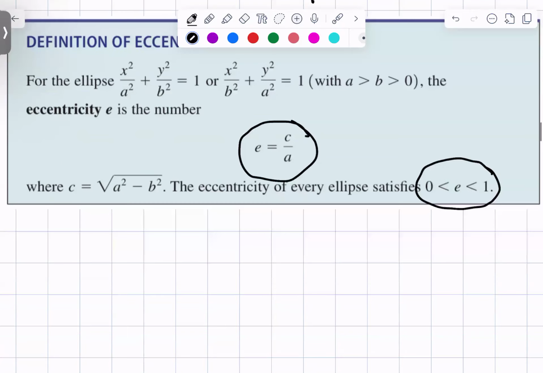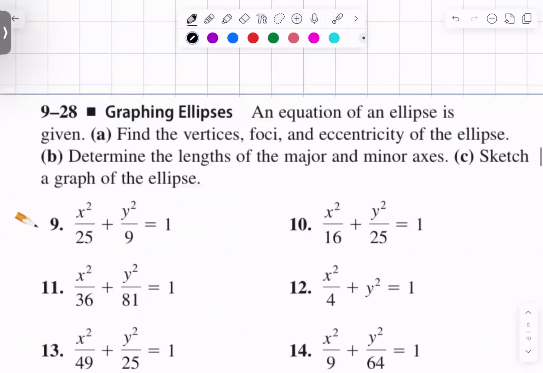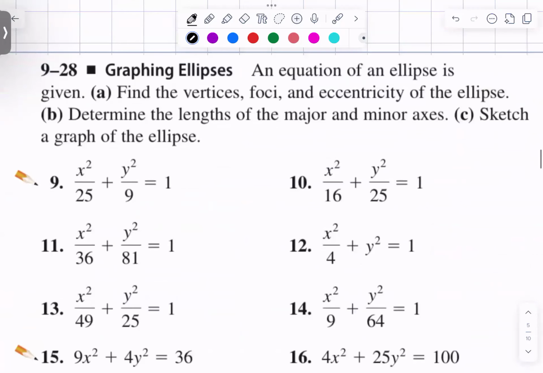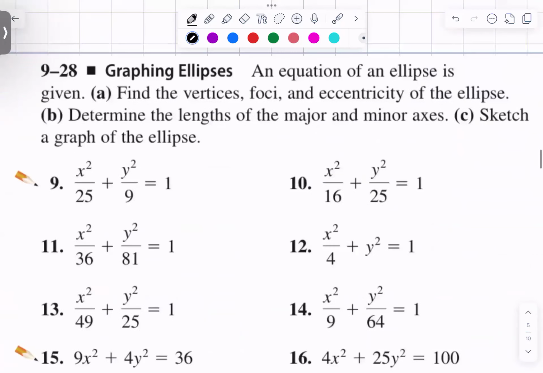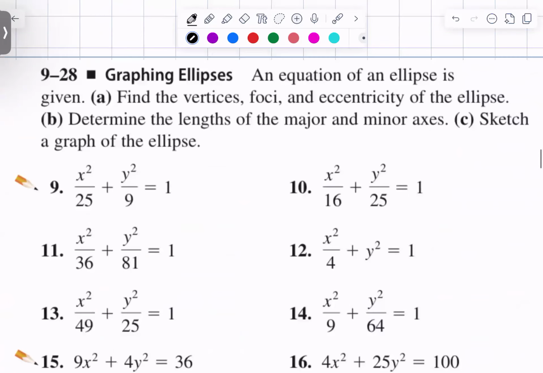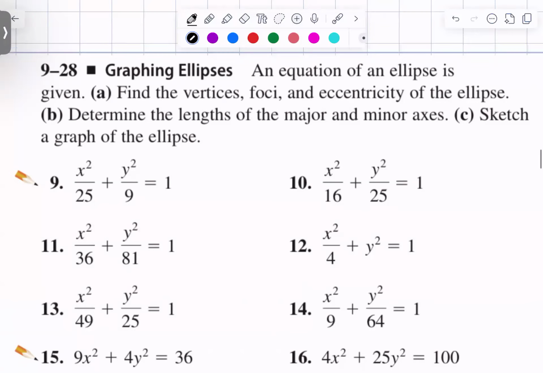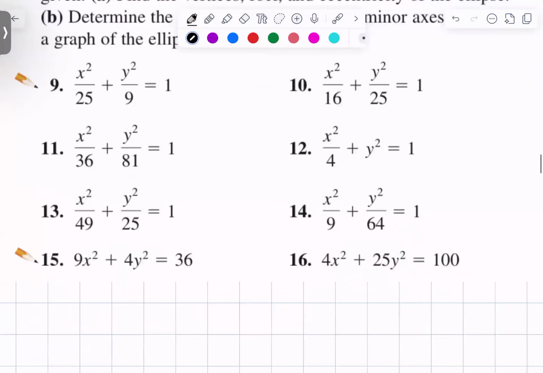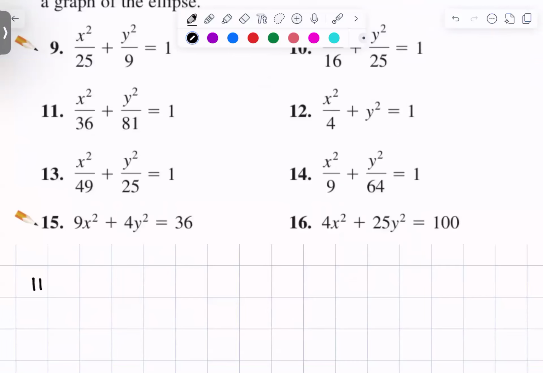Cool. Now with that all in mind, let's find this. Okay? The equation is given, and then we're gonna find the vertices, the foci, the eccentricity, determine the lengths of the major and minor axis, and sketch the graph. Okay? So let's do number 11.